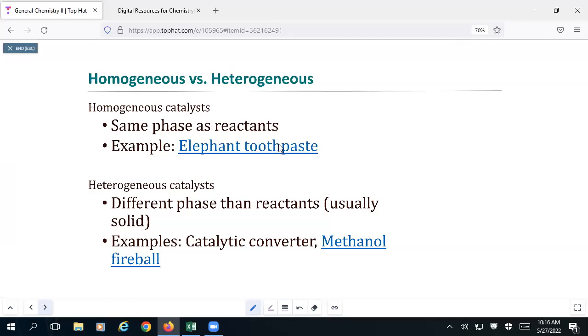All right, just for some fun here, let's take a look at a couple of examples of these in action.